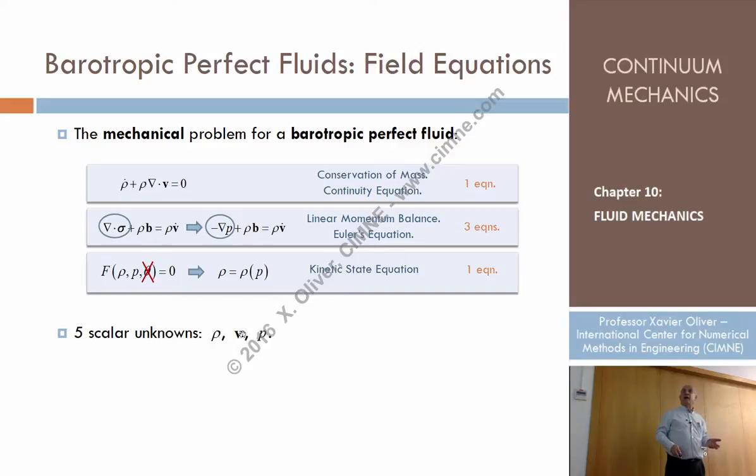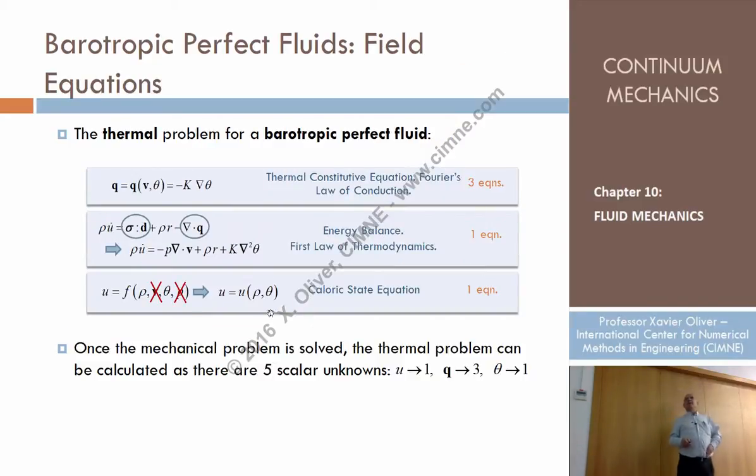So the mechanical unknowns can be solved by a problem involving 5 equations and 5 unknowns. Not as easy as the case of hydrostatics, but still affordable. Okay, let's see what happens with that.